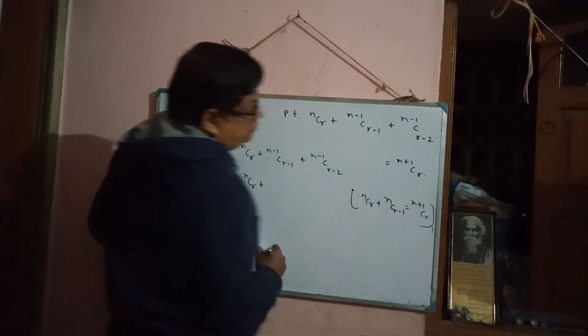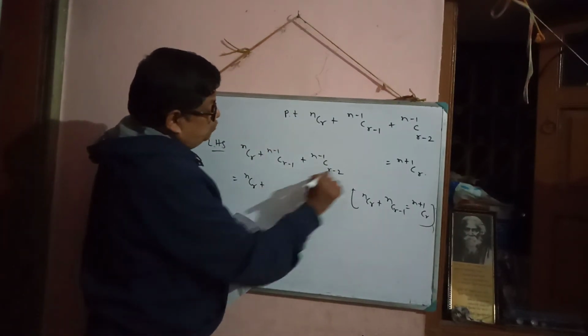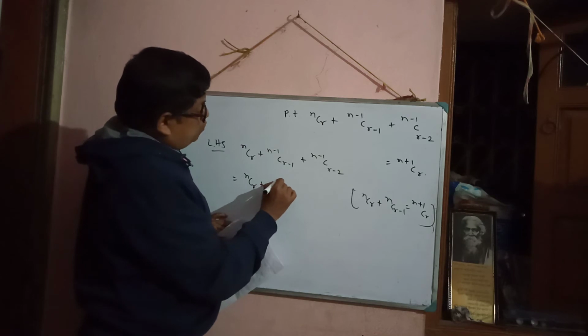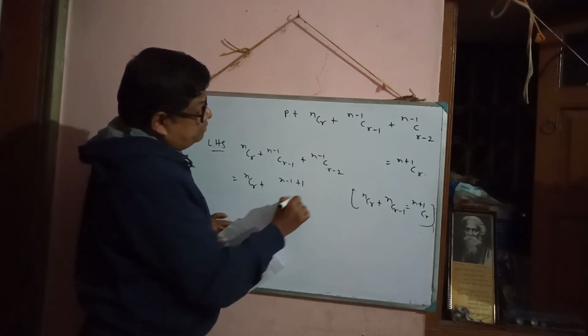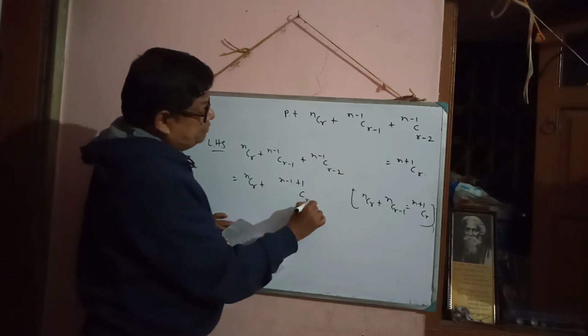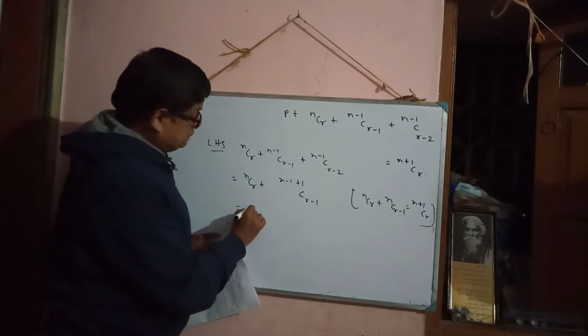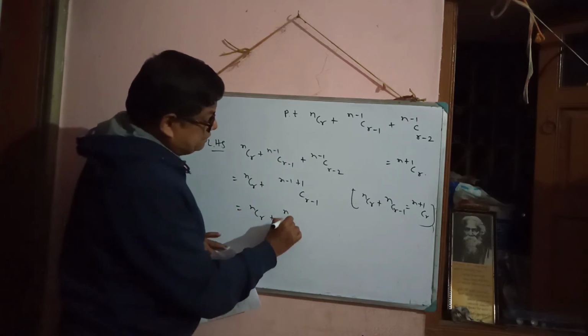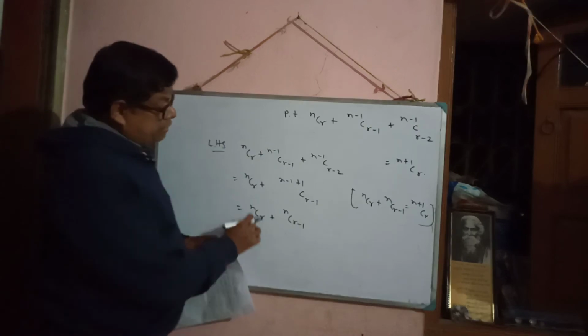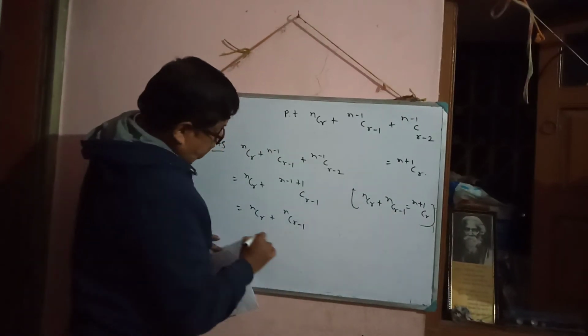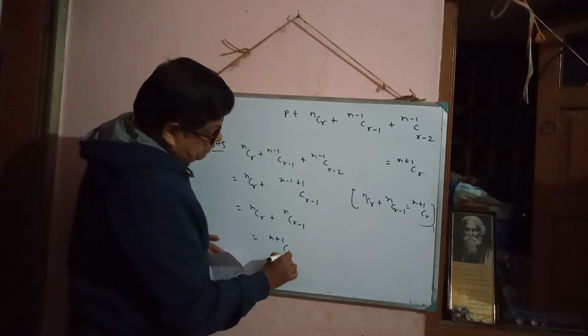So if we take these two, (n minus 1) plus 1 CR, that is NCR minus 1. So NCR plus NCR minus 1, according to this, you can write (n plus 1) CR. This is the proof.